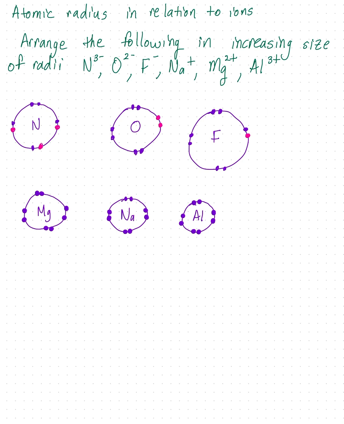So how can we determine which of these ions is the largest and the smallest? So the first thing you want to think about is how many protons do these have? So 7, this is 8, this is 9, this has 11, this has 12, and this has 13 protons.